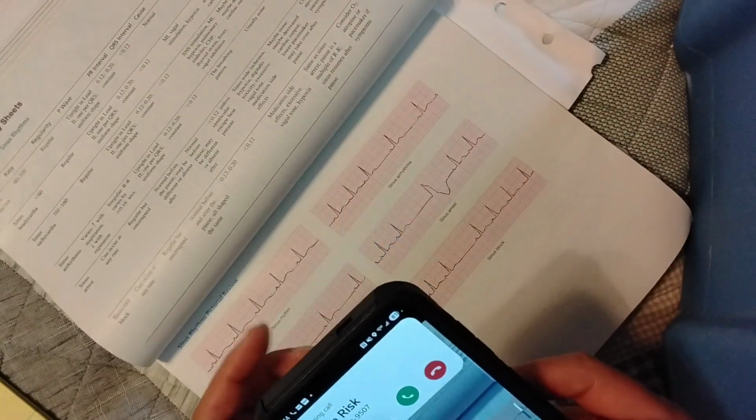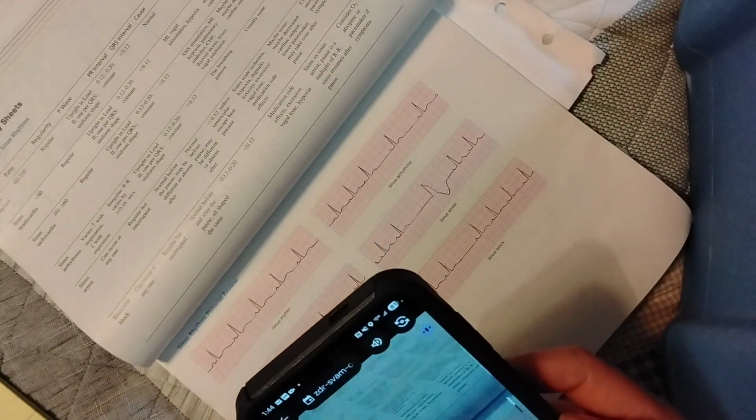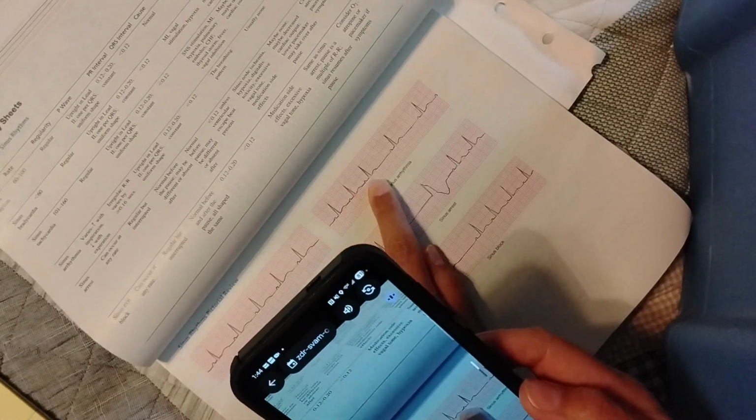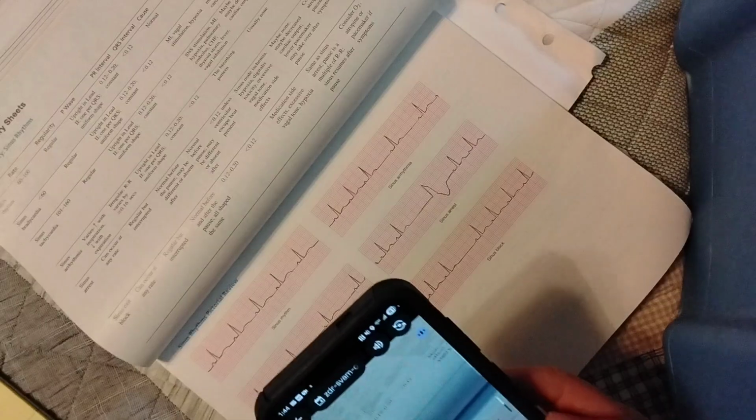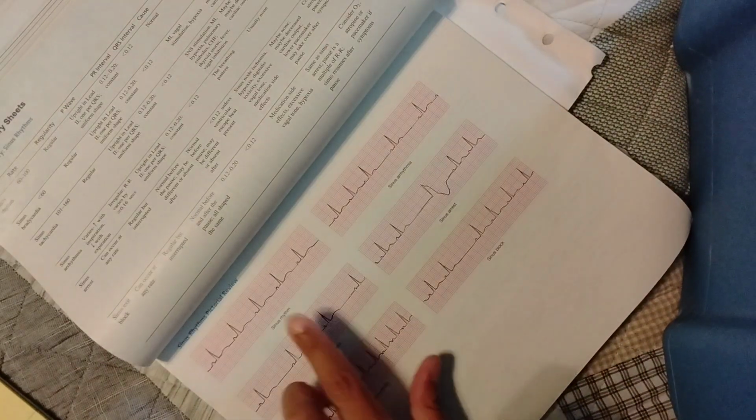So the same thing. Anything sinus means there's going to be a P wave in the front. That makes it sinus. So anything sinus is still good. It's still a pretty healthy heart. And sinus Brady means anything under 60 beats per minute. Like I said, this would be sinus Brady.